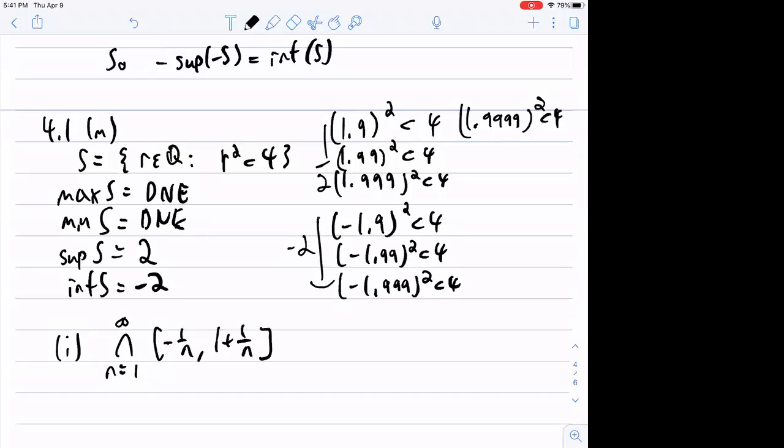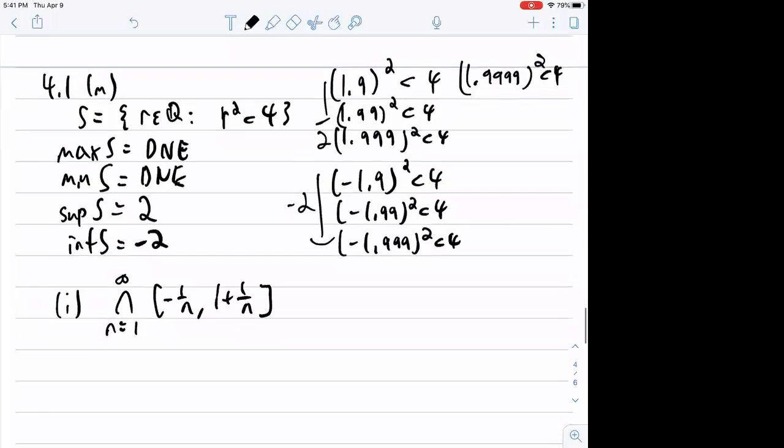Here, the first thing you want to do is figure out what is in this set. If this is S, we can't really work with it unless we know what's in the set.